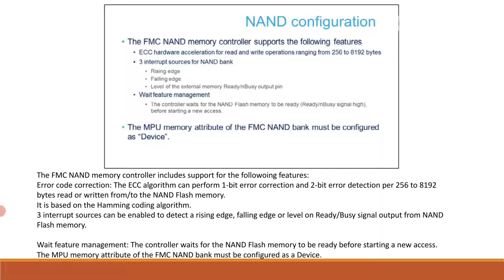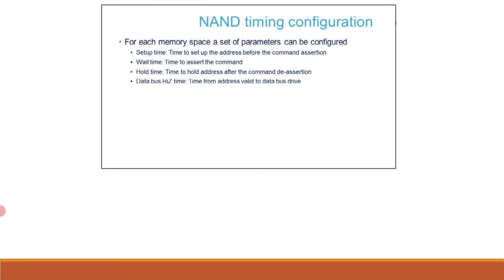So coming to the timing configuration, each common and attribute memory space can be configured with different timings for NAND flash command, address write and data read or write access. The attribute memory space is used for the last address write access if the timing must differ from that of the previous access in case of ready or busy management.